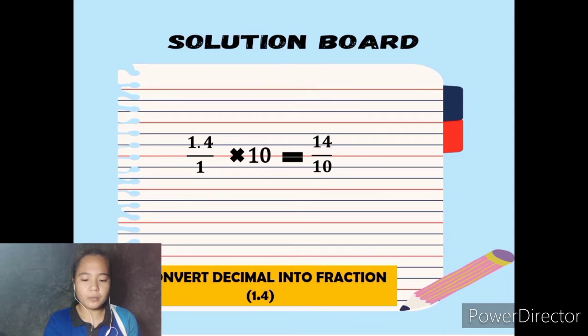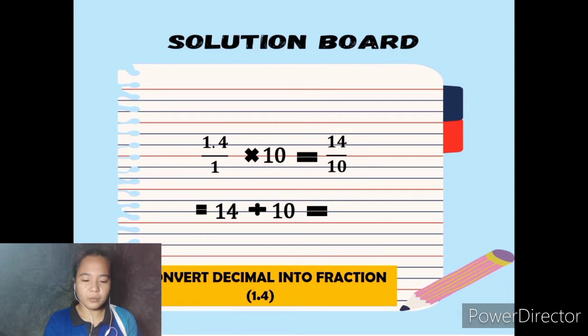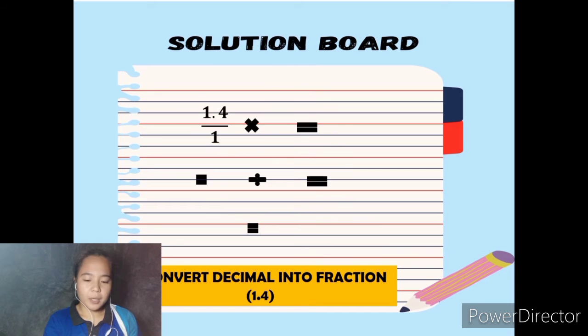Kaya 14/10 siya. So, na-fraction na natin yung 1.4. And then, next is 1.4/1 times 10 is equal to 14/10. 14 divided by 10. Ang kailangan natin gawin is i-divide natin yung numerator sa denominator. So, yung magiging sagot is 1 at may remainder siyang 4. So, ganito lang siya.